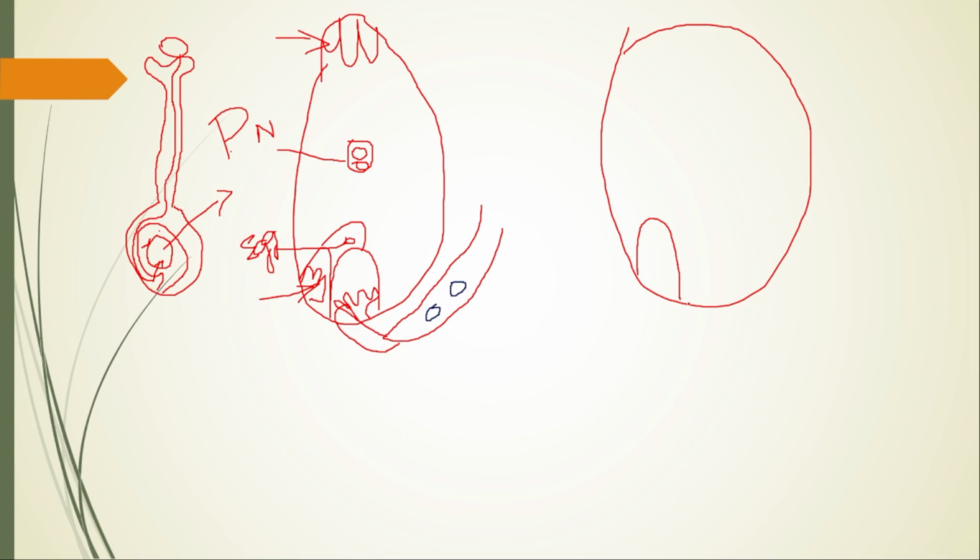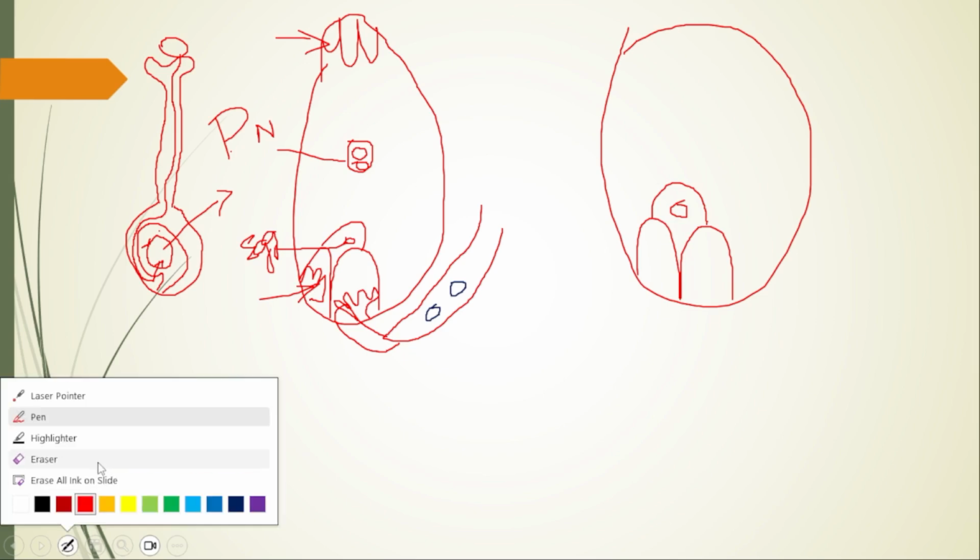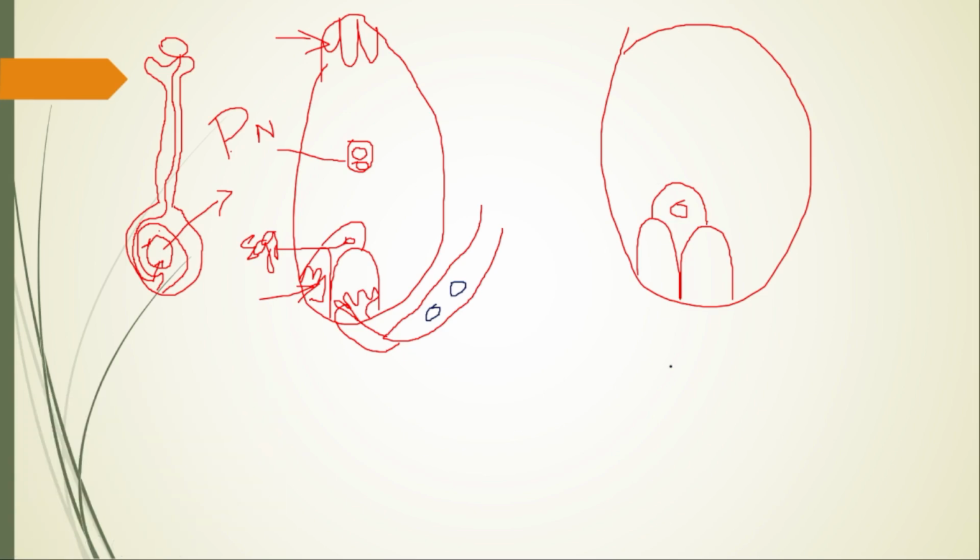This is the synergid, this is the egg cell. Just imagine the pollen tube has entered and then it bursts. After bursting, what happens?